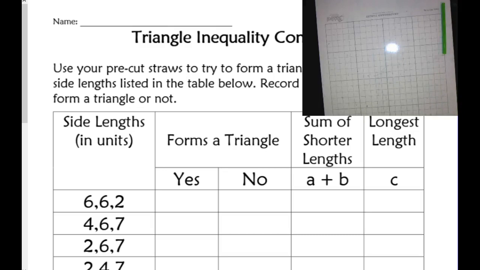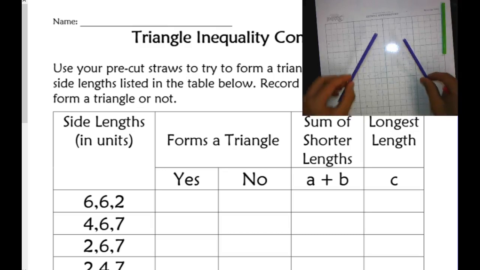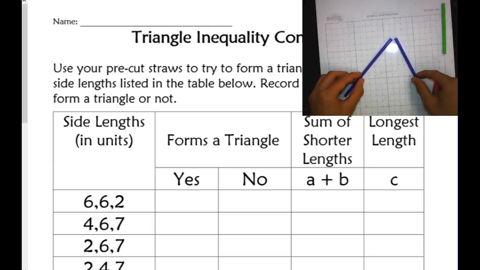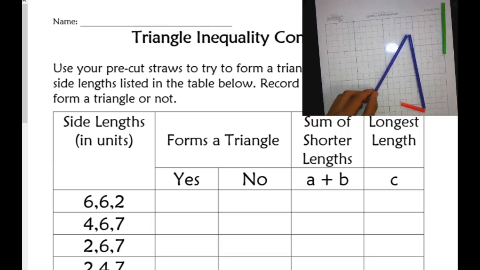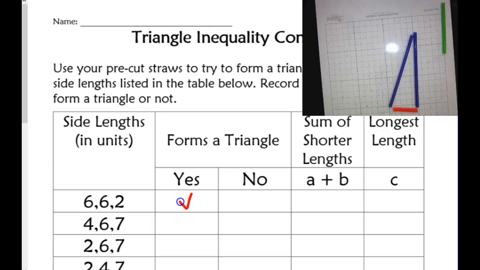6, 6, and 2 is going to be purple, purple, red. All right, so we are making that triangle. Does that make a triangle? Yes, it does. Okay, put a check mark there.